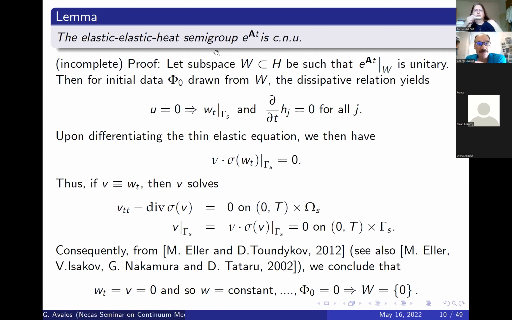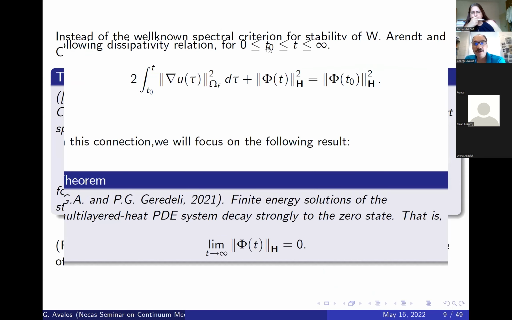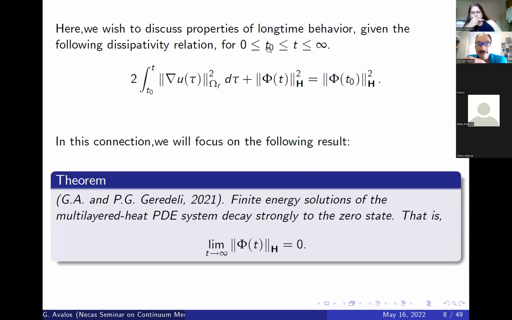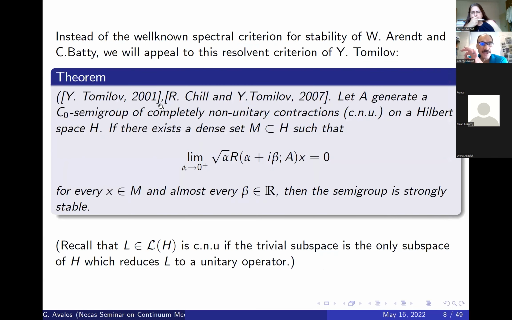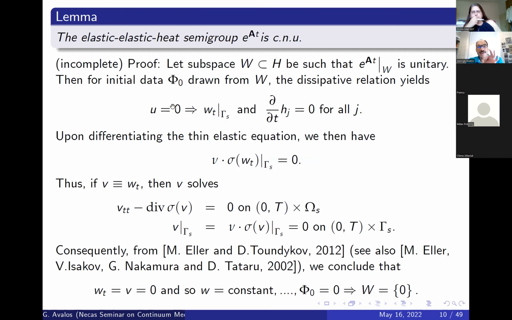So ultimately, to show that the semi-group is completely non-unitary, consider a non-trivial space for which the semi-group is unitary, given our aforesaid dissipative relation. This gives straight away that the heat component is 0, and given the matching fluxes, this tells us that the skinny velocity is 0, and the Dirichlet trace of the thick wave velocity is 0.